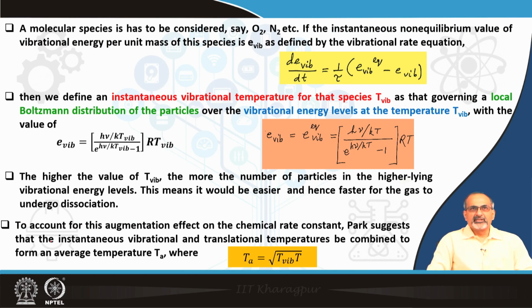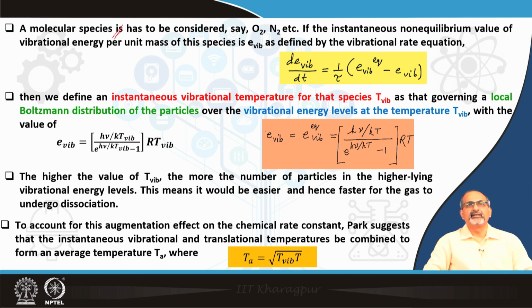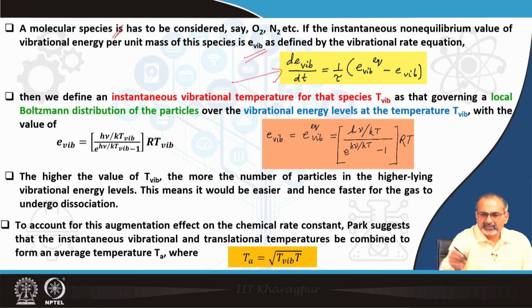A molecular species has to be considered for our discussion. Let us say it is molecular oxygen or nitrogen. If the instantaneous non-equilibrium value of the vibrational energy per unit mass of this species is indicated by E vibe, it can be defined by the vibrational rate equation, as we have already discussed.